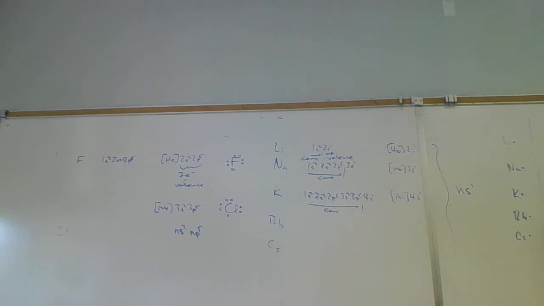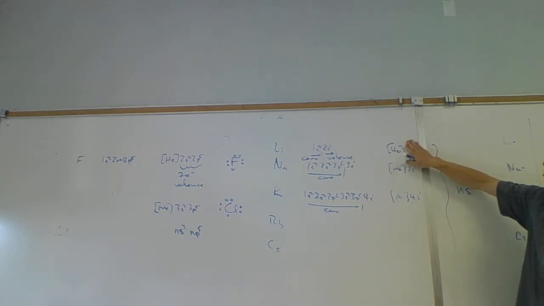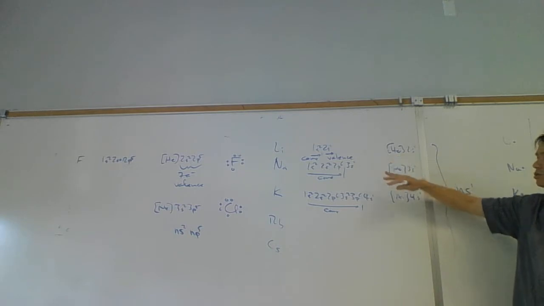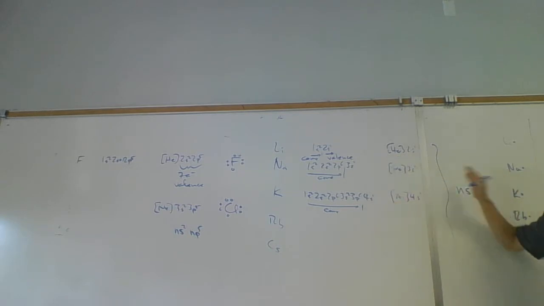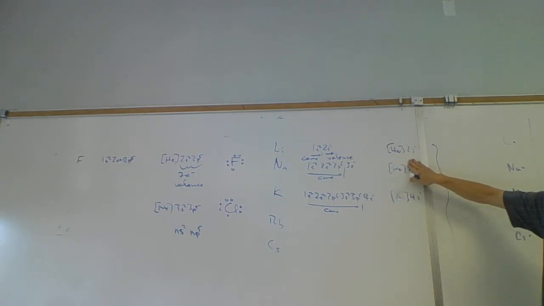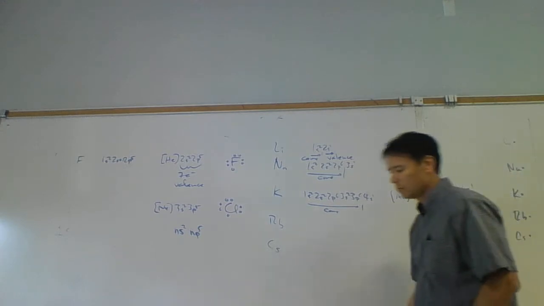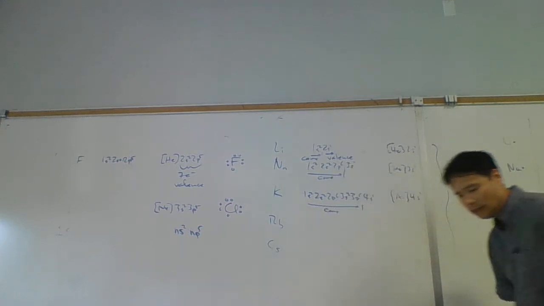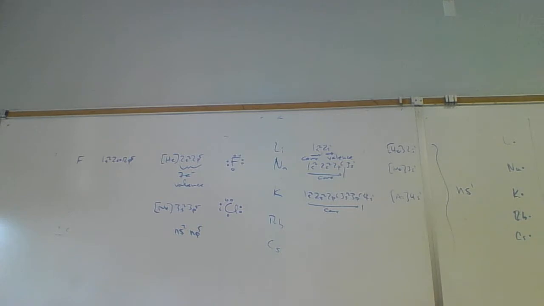No. That's not likely. So as an alternative, we could lose that valence electron. If we lose the 2s1 electron, we're left with the helium core. Helium core would be filled shell. Same thing with sodium. If we lose that electron, we're left with neon. So that's an alternate way. So we are either going to gain or lose electrons to be isoelectronic with a noble gas.